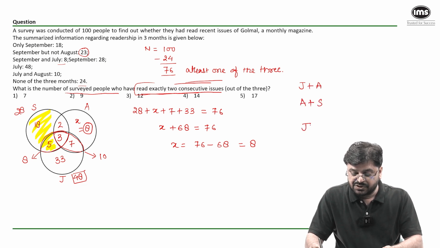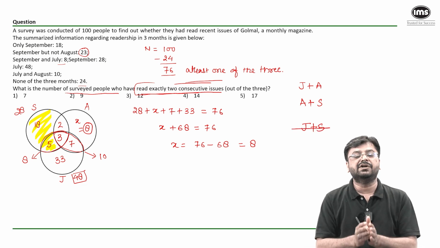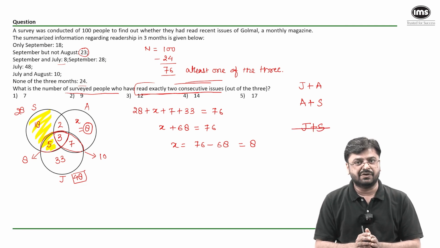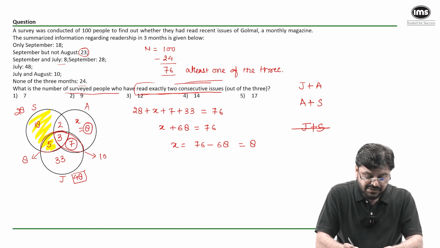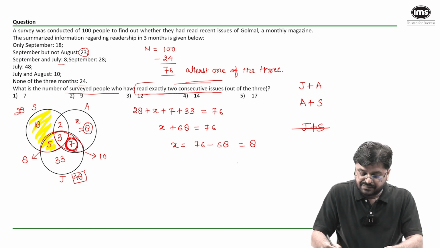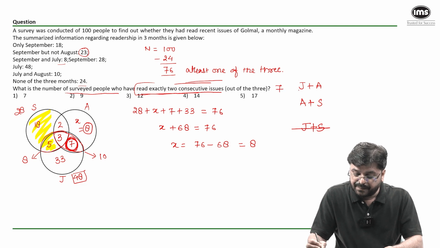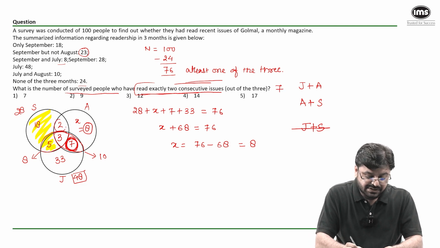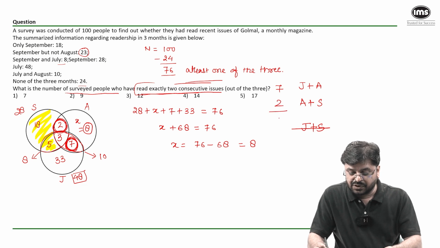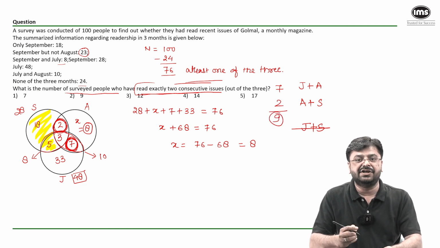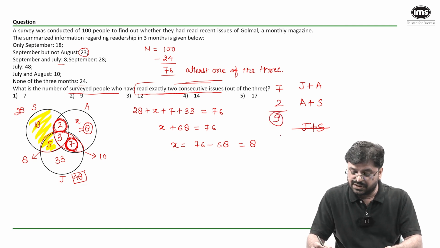Anyone who is reading July, September are not the people reading 2 consecutive editions. So this will not be counted. July, August is 7. And August, September is 2. So the total number of people reading exactly 2 consecutive issues is 9.